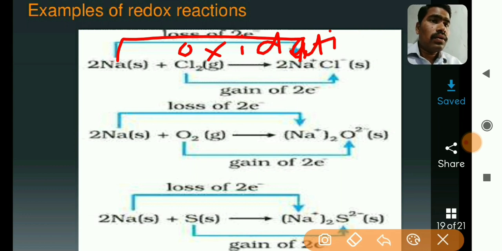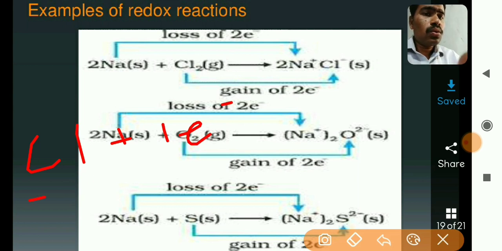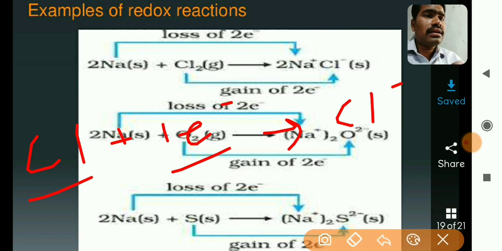Okay, now if you see, Cl2 has gained some electron. Now it is Cl2 plus 1 electron. One Cl has got one electron, so it is Cl minus. But here, Cl2 means there are two Cls, so two Cls will get 2 electrons to form 2 Cl minus.